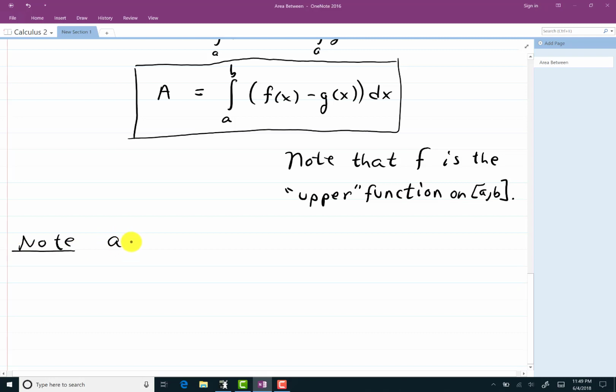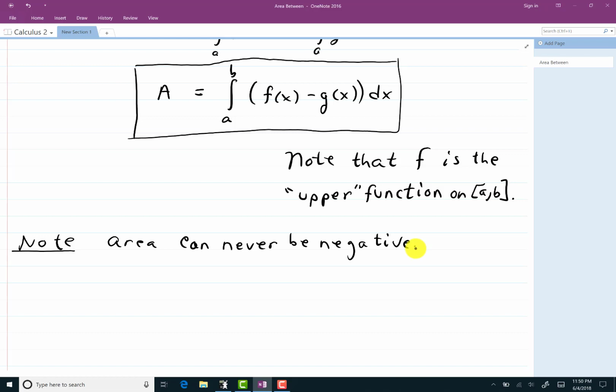Area can never be negative. The reason I mention that is because if you do get it backwards, say you subtract in the wrong order, you'll get a negative answer for certain. And you will know that something went wrong.